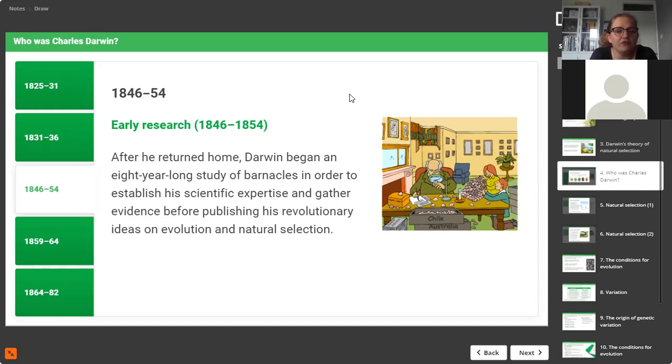So after he returned home, Darwin began an 8-year-long study of barnacles. Barnacles are little sea creatures that often grow on the undersides of ships and on rocks. And he did this in order to establish his scientific expertise and to gather evidence before publishing his revolutionary ideas in evolution and natural selection.